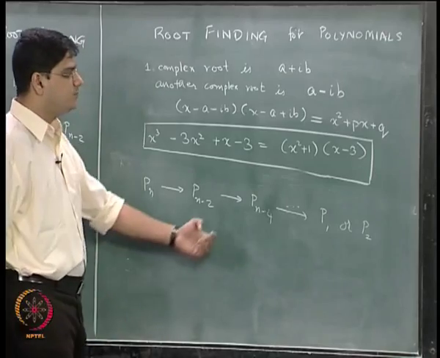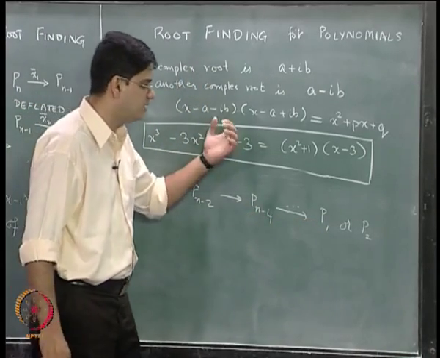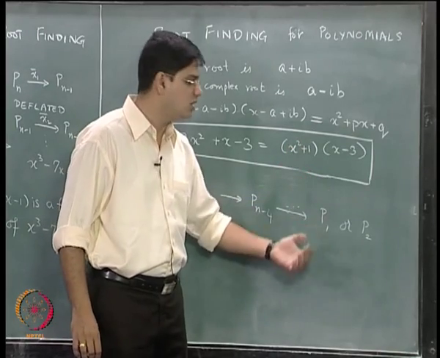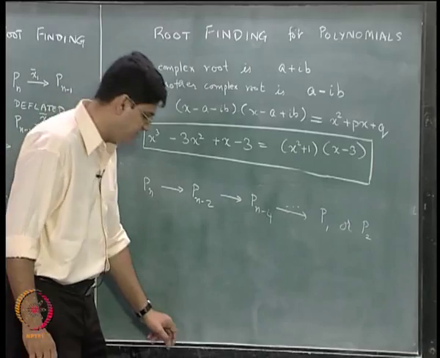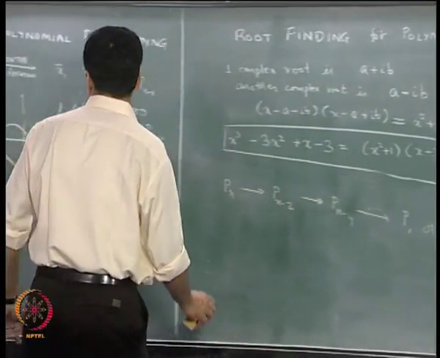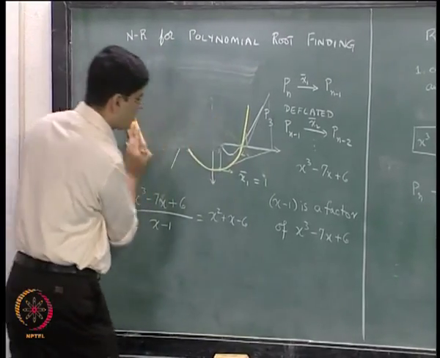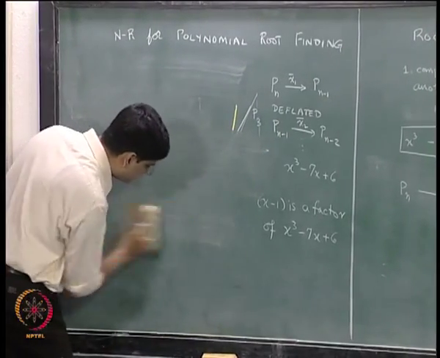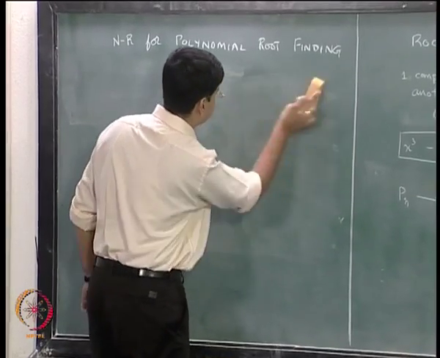You will be left with P1 if the order of the polynomial is odd, and P2 if the order is even. So let's go forward and look at what we can do, and this is going to form the basis of Bairstow's method for root finding.